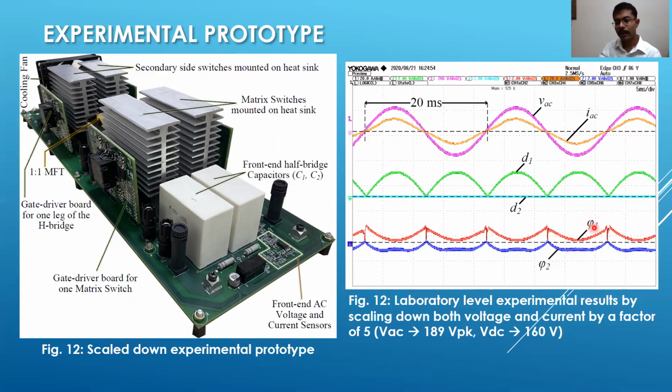We have phi 1 and D1 which are positive, and thus the experimental setup is being operated exclusively in mode 1, as phi 2 is throughout negative. And you can see that there is a very good input side power quality with the AC current being quite sinusoidal.